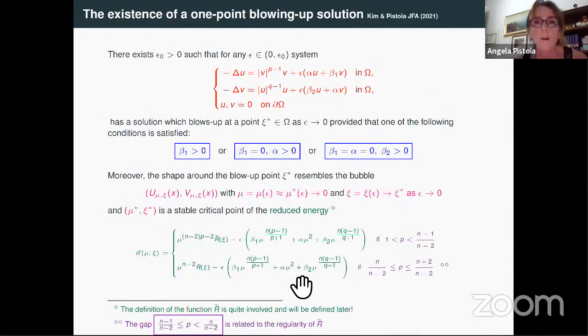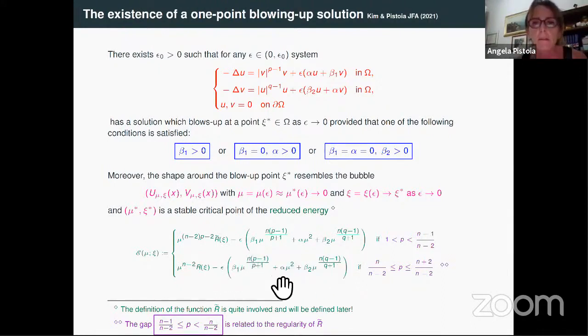Now, please look, there are two different reduced energies according to P. If the exponent P is close to the critical exponent, I mean, it is greater than this number, n over n minus 2, then the reduced energy is similar to the reduced energy I found for the single equation. In particular, here, the contribution of the blow-up point is the Robin function, the classical Robin function, okay?